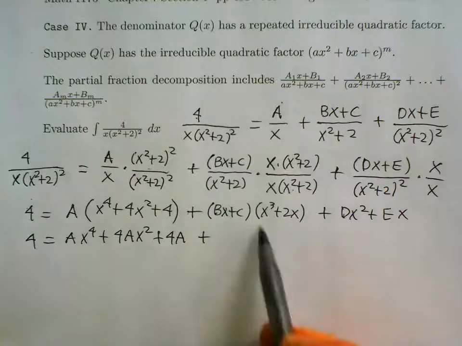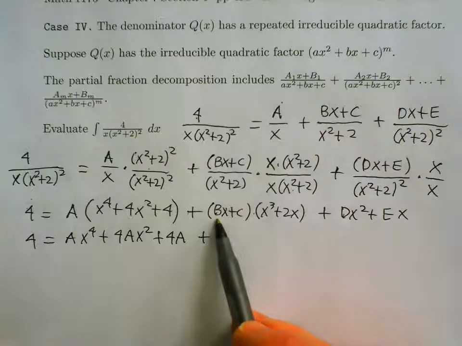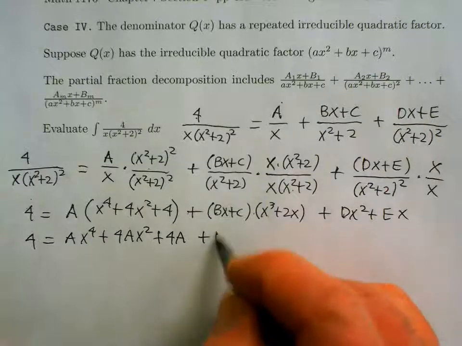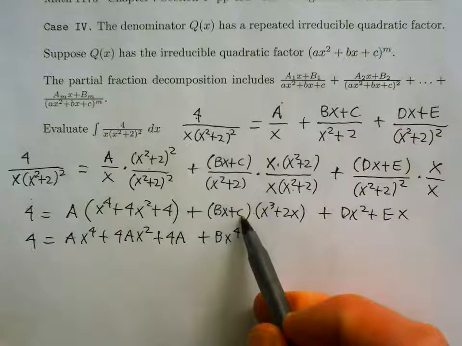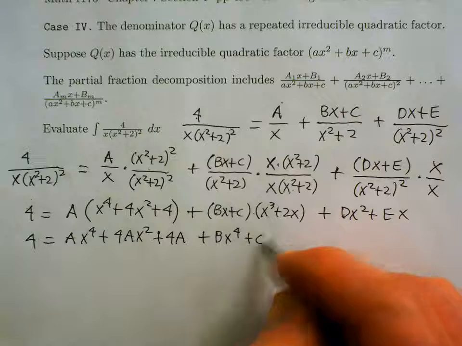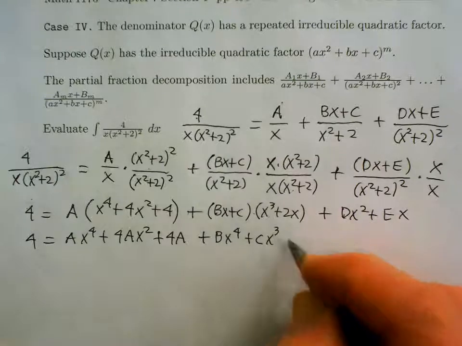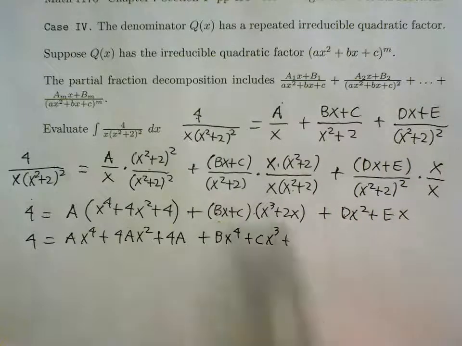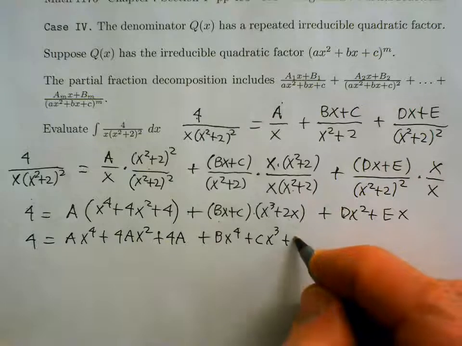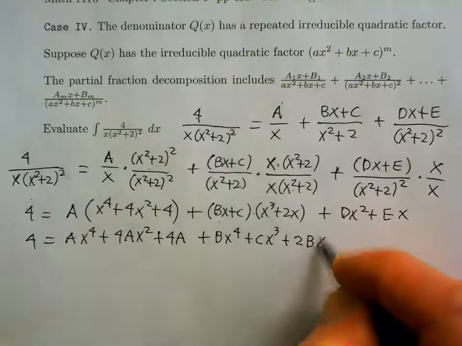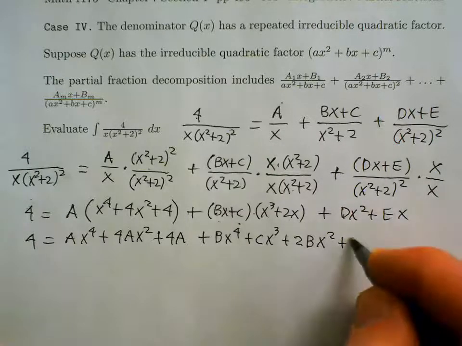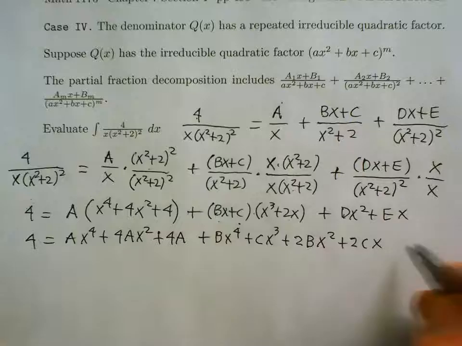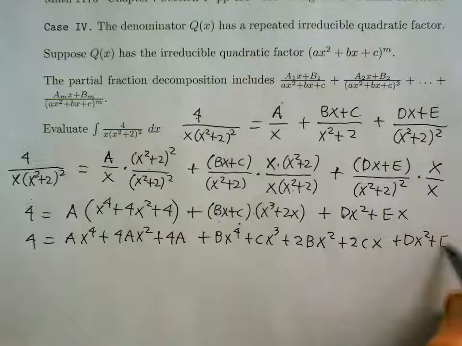And then for the next product, bx times x to the 3rd is b times x to the 4th plus c times x to the 3rd, plus bx times 2x is plus 2b x to the 2nd. And then plus c times 2x is plus 2cx. And then plus dx squared plus ex.